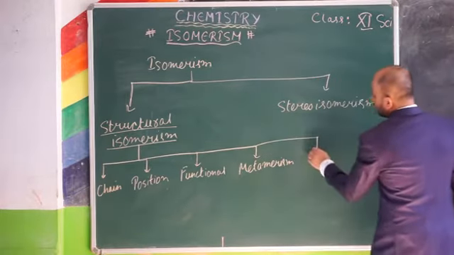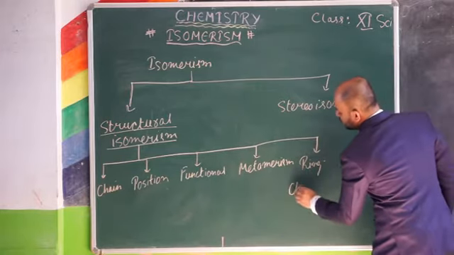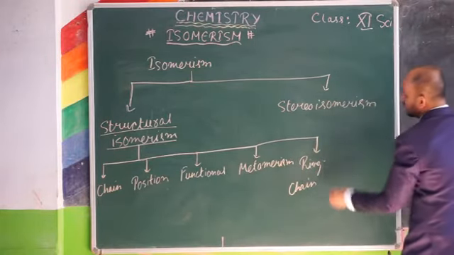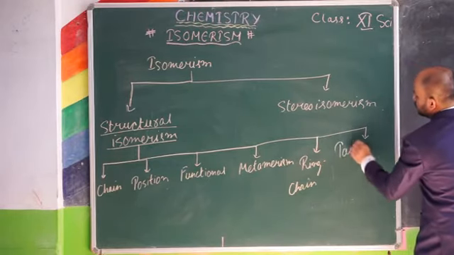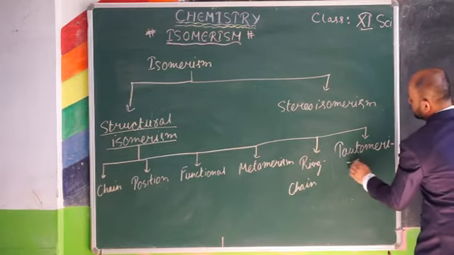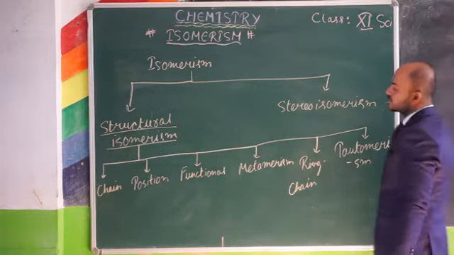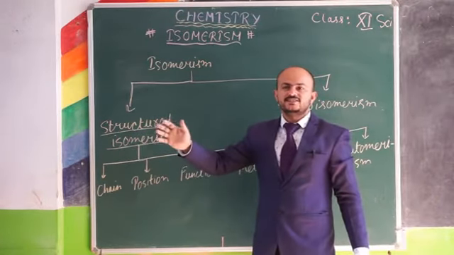Then we have ring chain isomerism. Then last we have tautomerism. So structural isomerism is again classified into 6 different types.